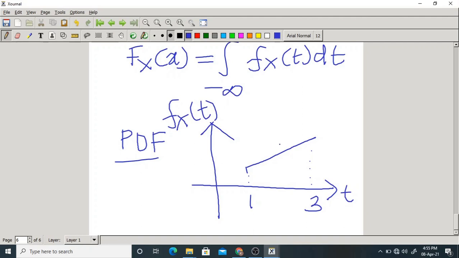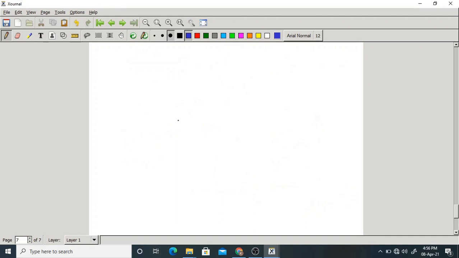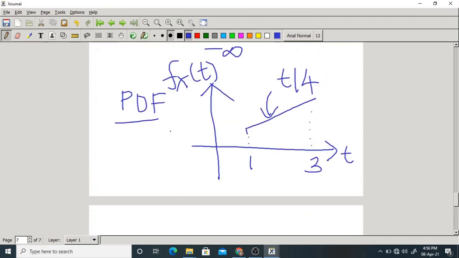What is this function? t by 4. Then what do you do? So if t is less than 1, what will happen? It is 0. Okay. Then what do you do now? So take a point, a midpoint here. Suppose x is somewhere here.